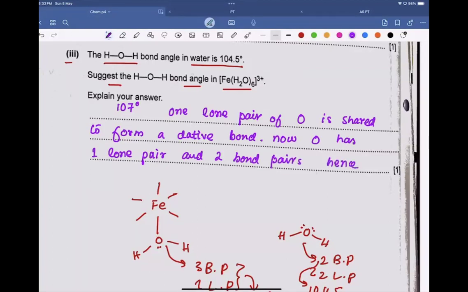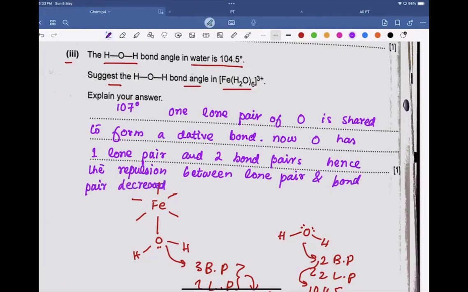Hence, the repulsion between lone pair and bond pair decreased.